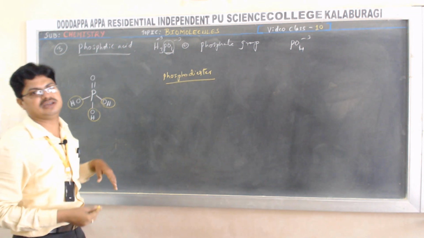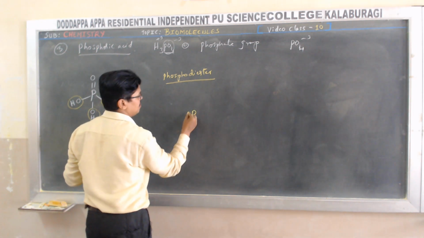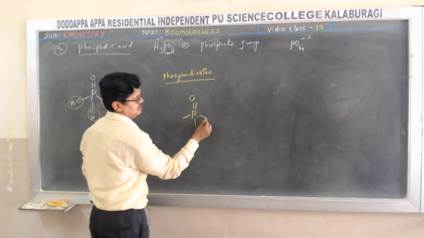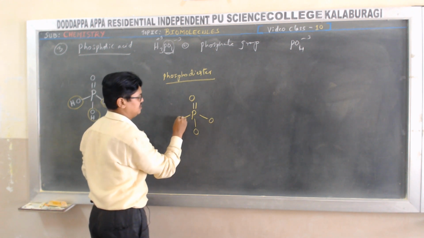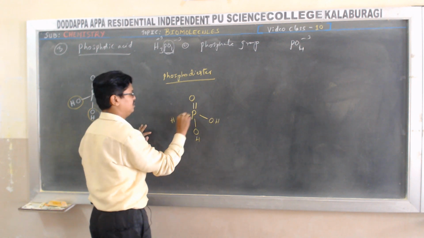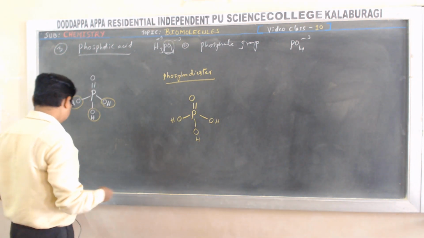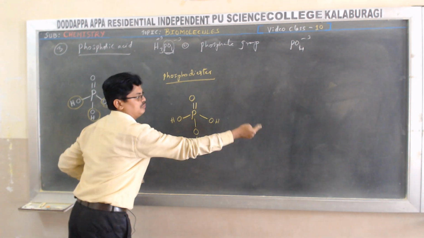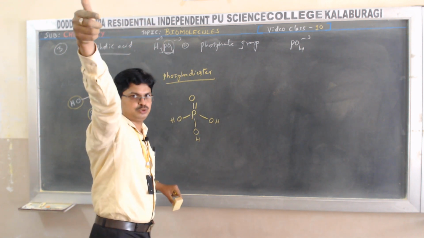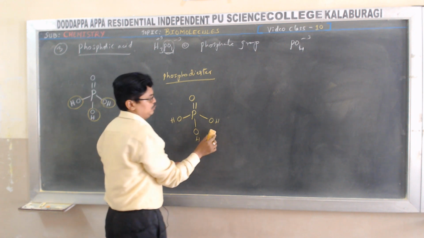Let me show the structure of phosphodiester. Phosphorus, whose valency is 5, correct? See, 4 oxygen, OH, OH, OH. This is our structure of phosphoric acid. See, 2 OH groups are linked with the OH of the sugar molecule to form diester.